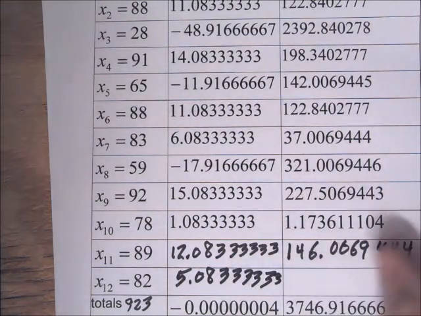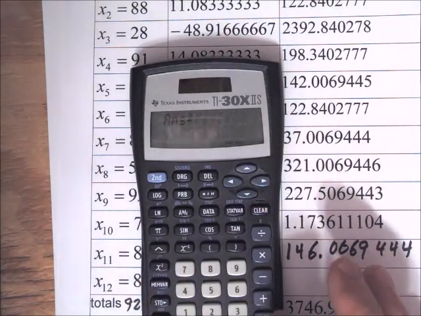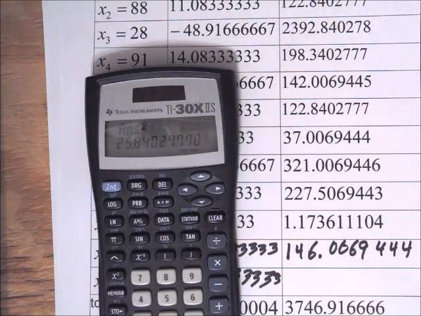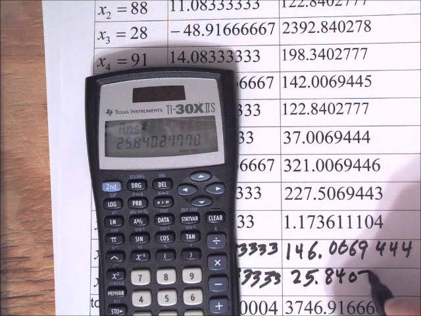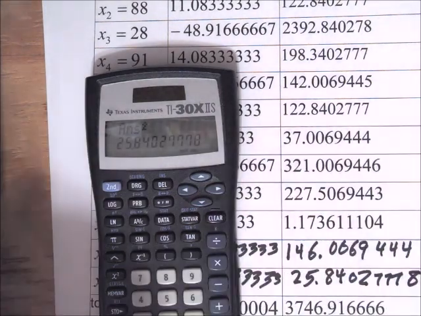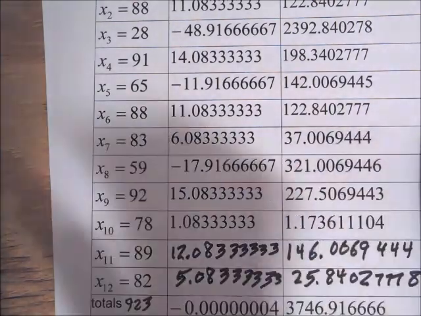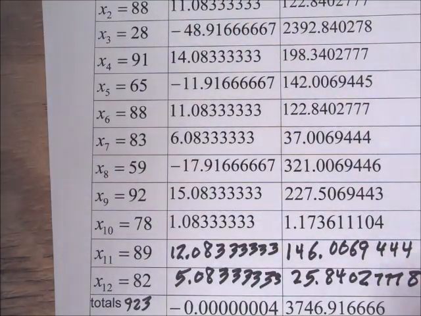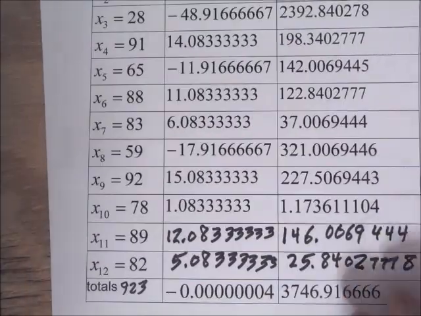And then while that's showing, I can push the x squared key, equals, and it's 25.84027778. Okay, so that's rows 11 and 12, and then I want to add up these columns.